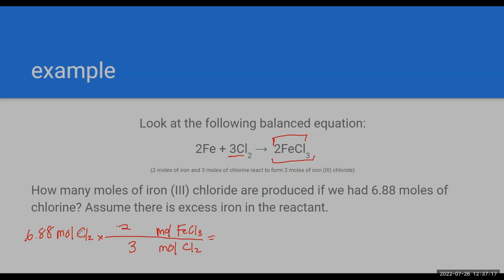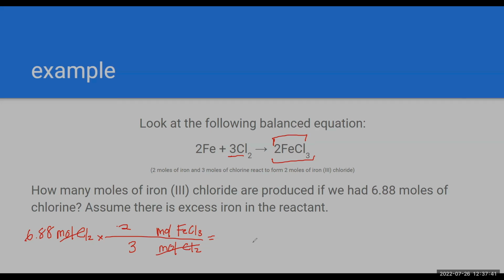And so if we do the unit canceling, we can see that moles of chlorine and moles of chlorine will cancel. And then what we're left with is moles of iron 3 chloride. So what we can do here is just put it into the calculator and see what answer we get.